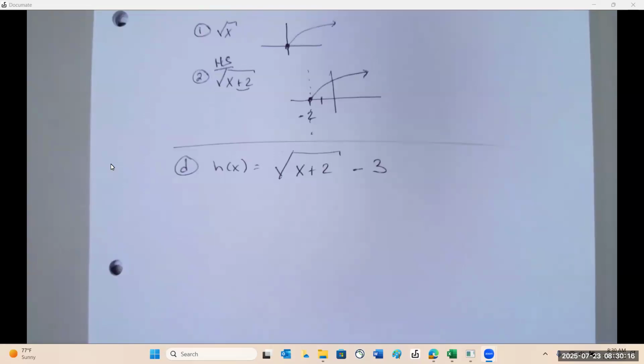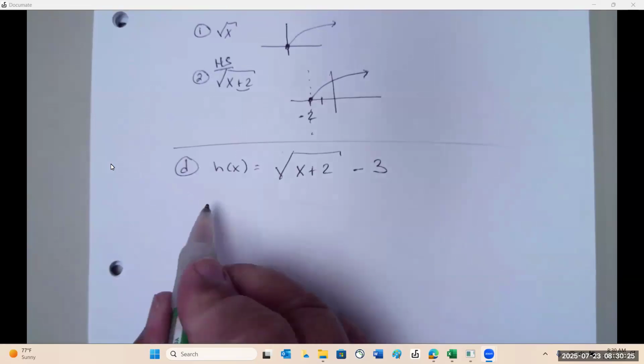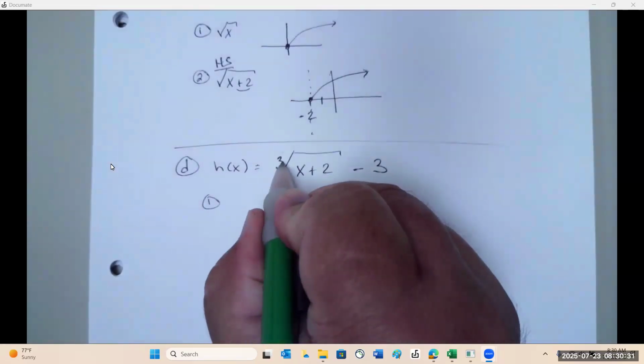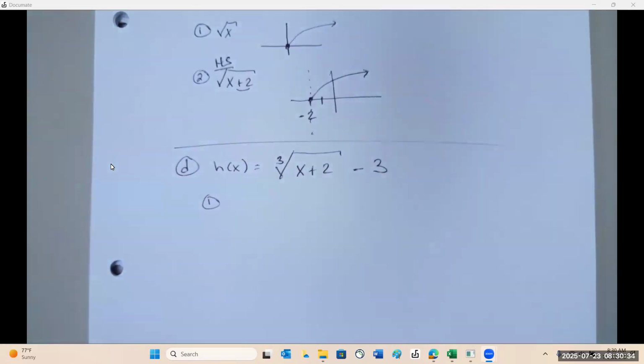How about this one? Whenever you look at transformations, you work inside out. First off, what's my function? Actually, let me change this one. It's a cube root.